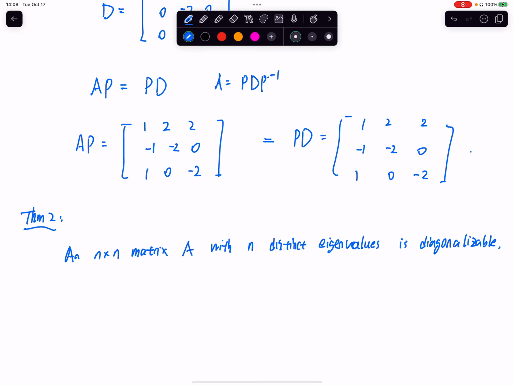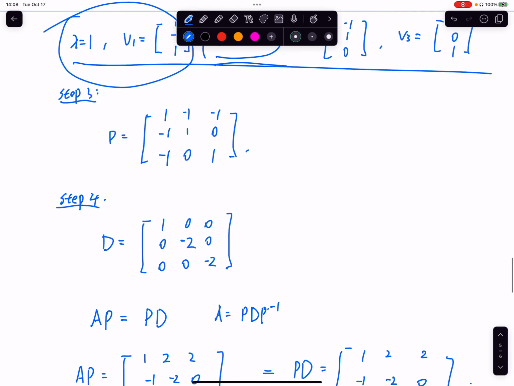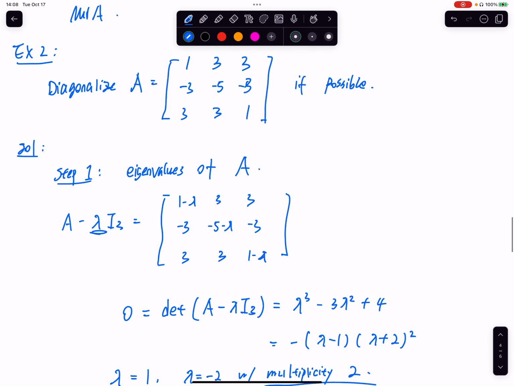So this is sufficient, since in our last exercise, this A has only two distinct eigenvalues, but it is still diagonalizable. So yes, diagonalizable does not imply that it has n distinct eigenvalues.